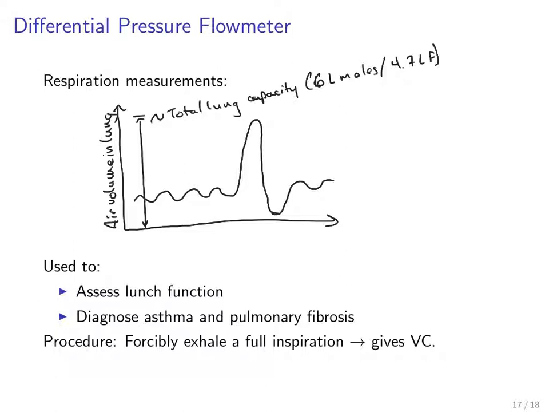So this distance between here and 0 is the residual volume, which is the smallest deflated volume. The tidal volume is the peak-to-peak volume of normal breathing, and that's on the order of 500 milliliters.